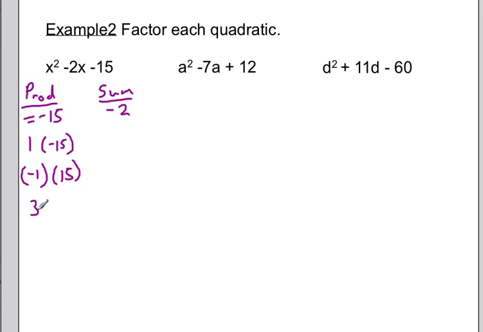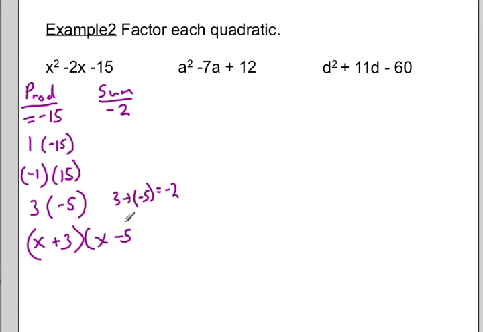So let's try 3 and 5. 3 times negative 5, that one works because 3 plus negative 5 gives you negative 2. So our numbers are 3 and negative 5. So we're going to have x plus 3 times x minus 5. And we could check that by multiplying it out. You will get the original expression.